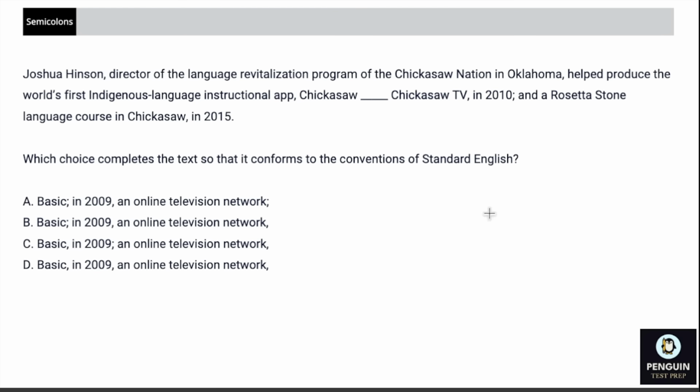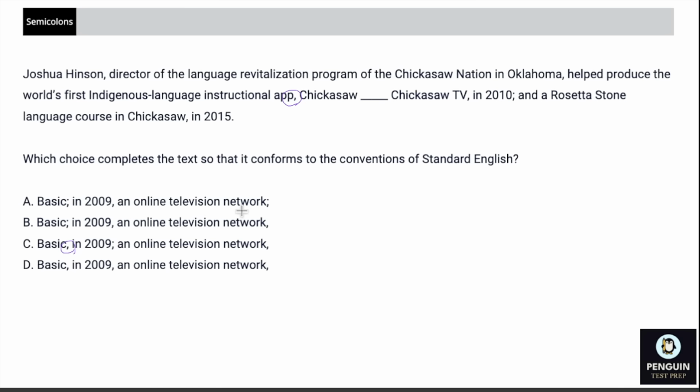So in this one, for example, we have this person helped produce the first Indigenous language instructional app, Chickasaw Basic, in 2009. So our first item in the list is the world's first instructional app, Chickasaw Basic, in 2009. And we would need a comma here and a comma here to separate just the name Chickasaw Basic itself.